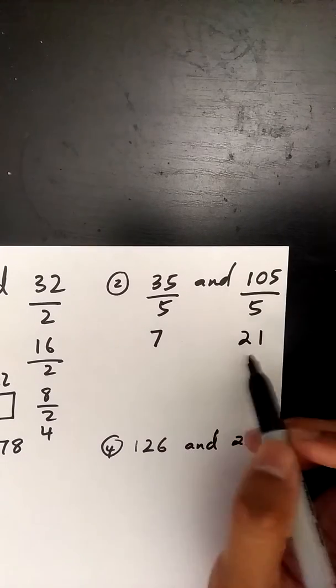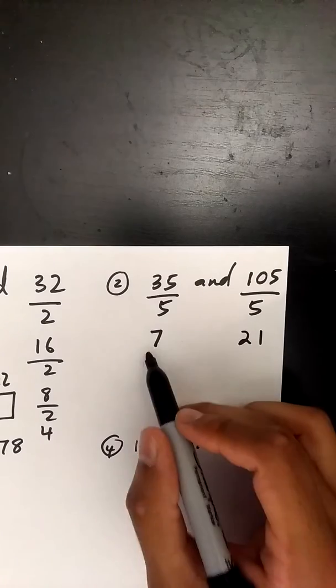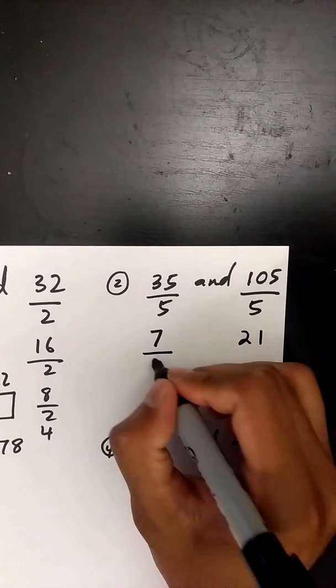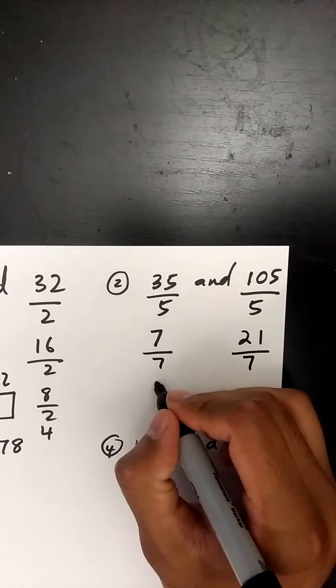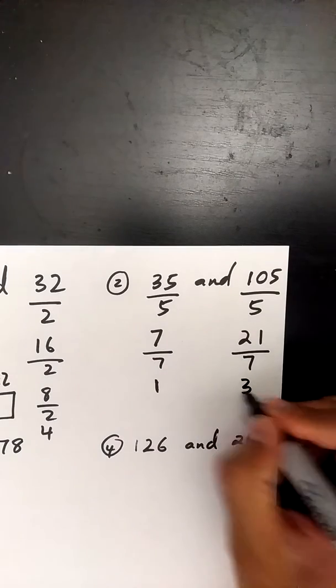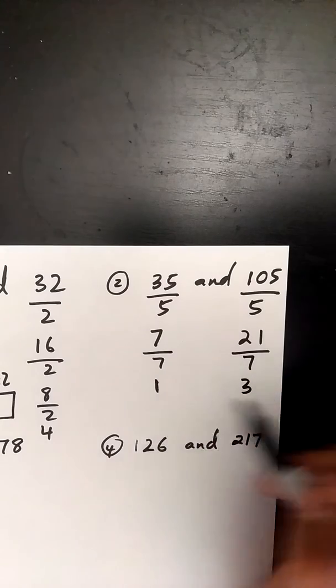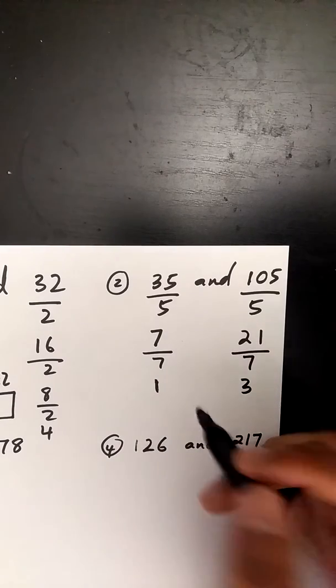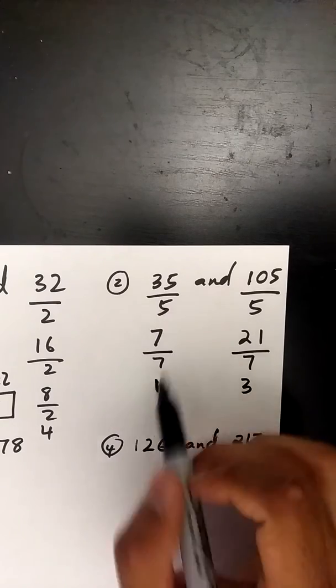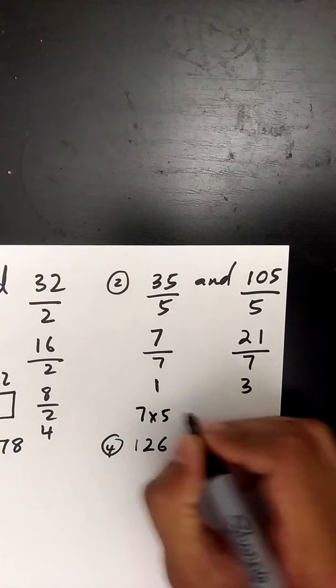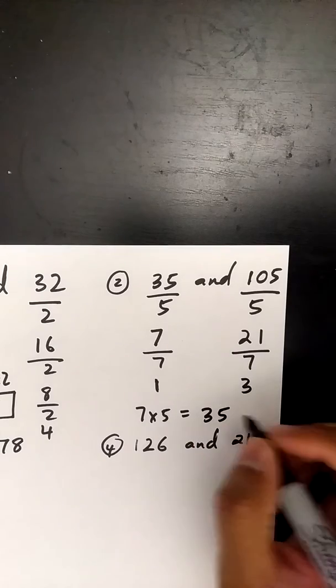Over here, I know I can divide both numbers by 7 again. In this case, I have 1, 3. You no longer divide by any number. 1 doesn't really count because 1 doesn't change anything in the problem. So now my greatest common factor is 7 times 5, which is 35.